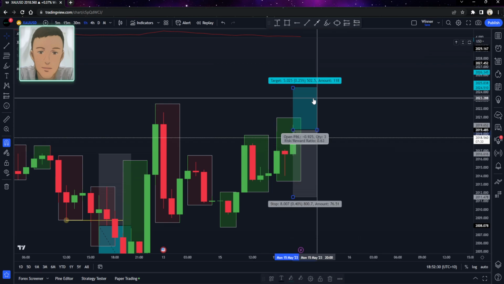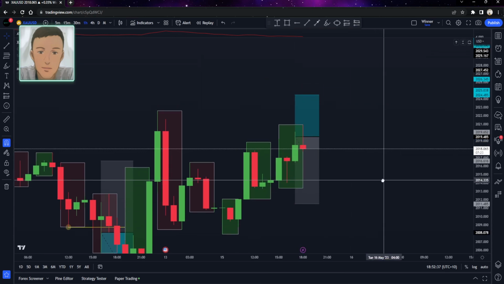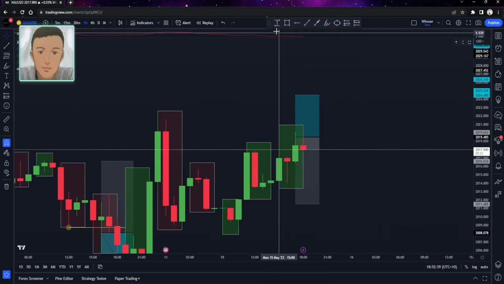My take profit would be around 50 pips, and my stop loss would be around 80 pips, right?